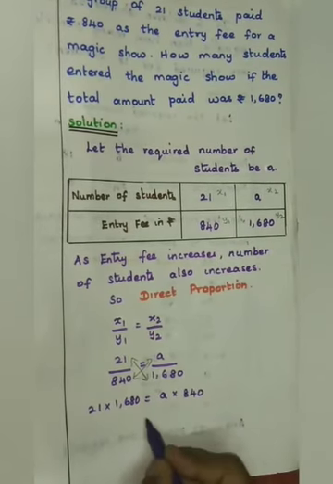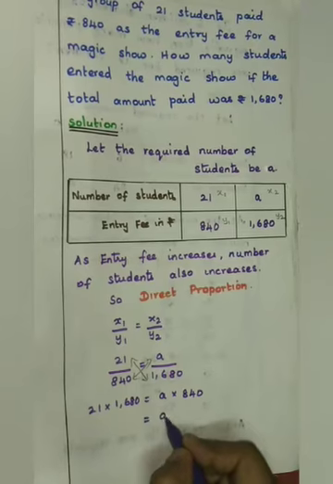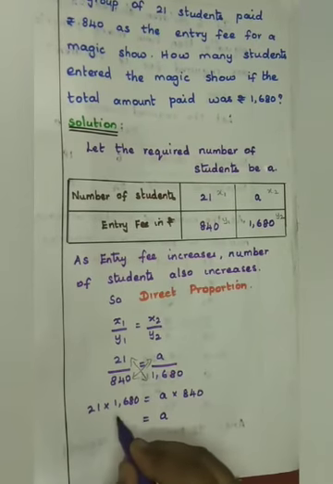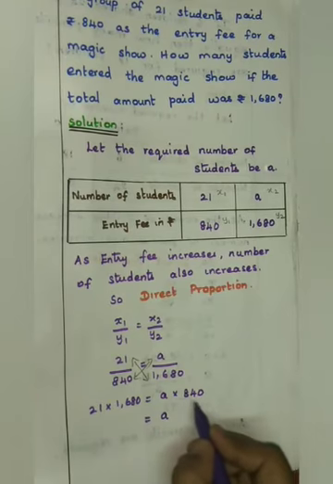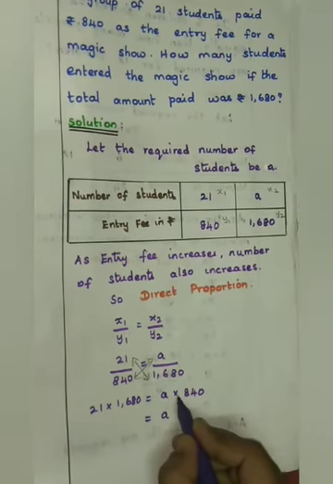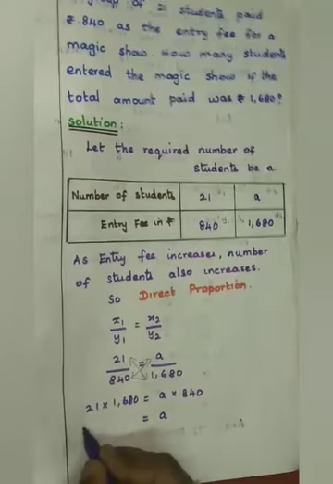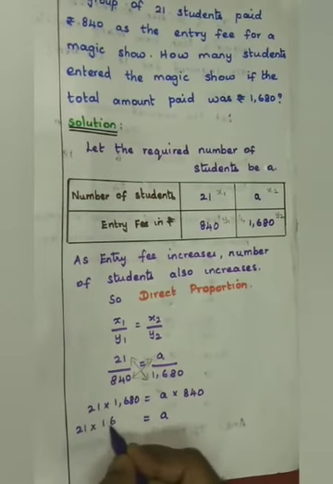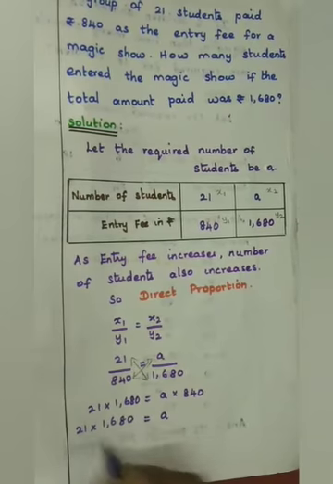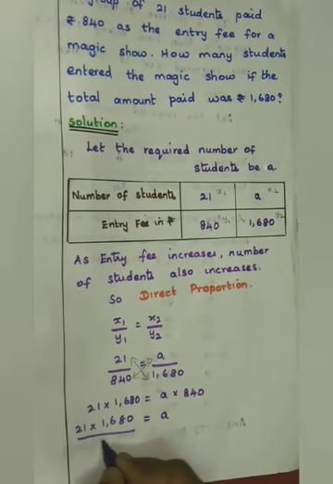Leave this A on the right side. Bring this 840 to the left side. Since 840 is multiplied, when you bring 840 to this side, this multiplication becomes division. So 21 into 1680 by 840.